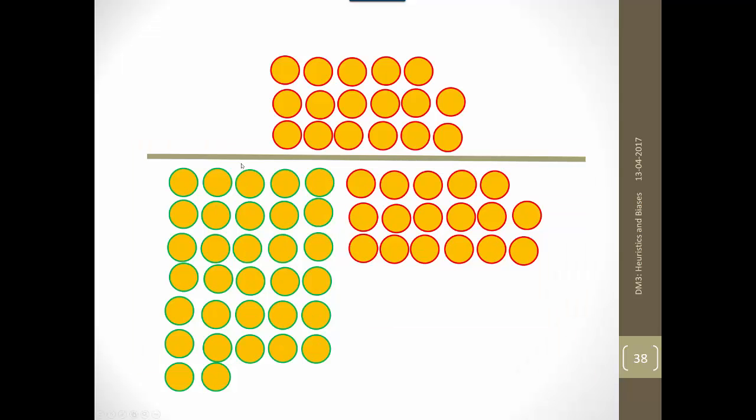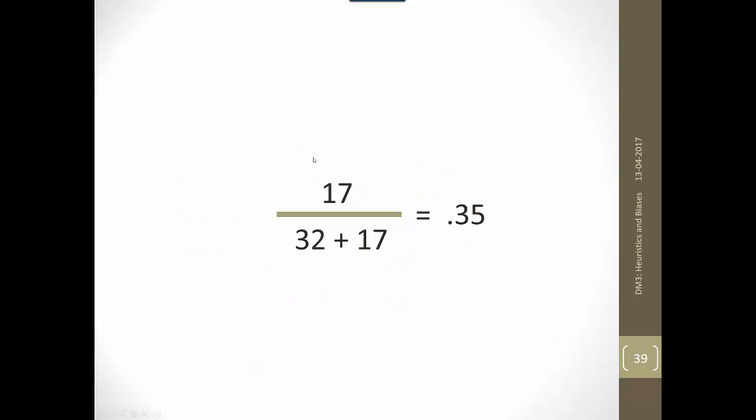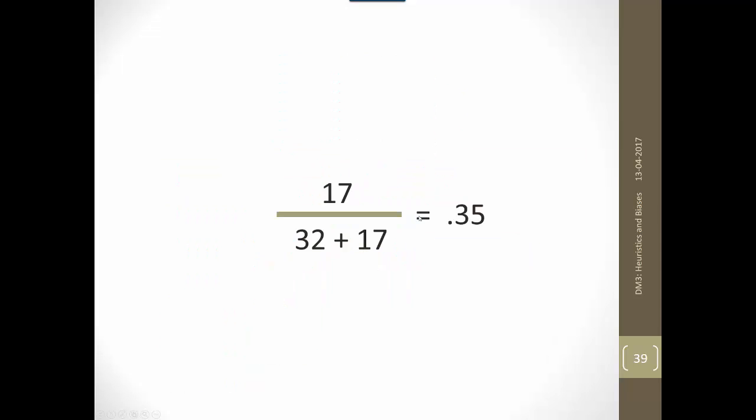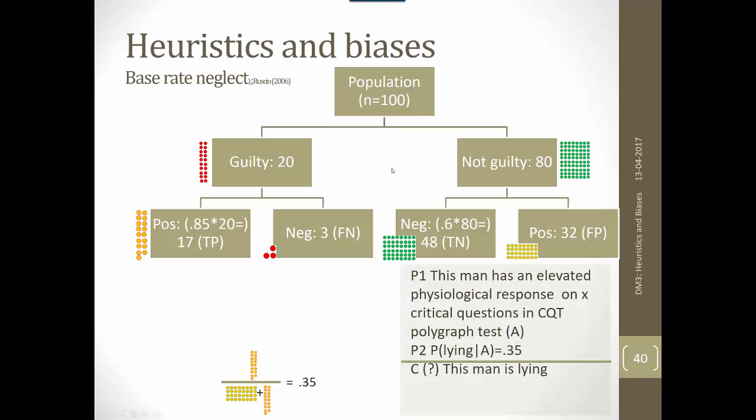So from all the balls which you put in the lower part of the equation, you want to know what the chance is that you actually draw a red-lined ball, which you put in the upper part of the equation. So we have 17 red-lined balls divided by 32 green-lined balls plus 17 red-lined balls, which makes for a percentage of 35%, which is an illustration of what you are actually doing in this frequency tree.